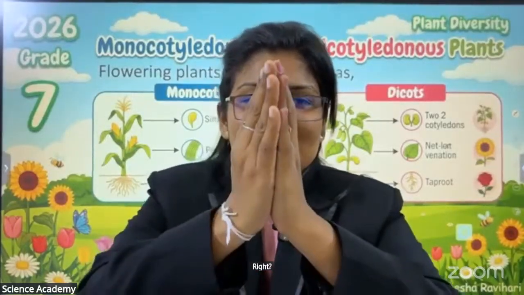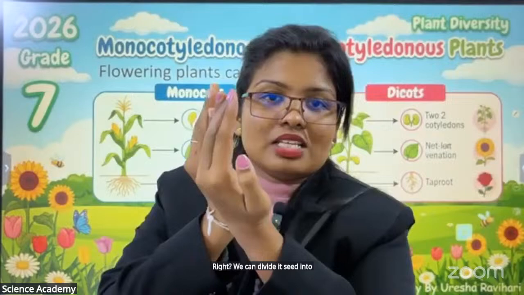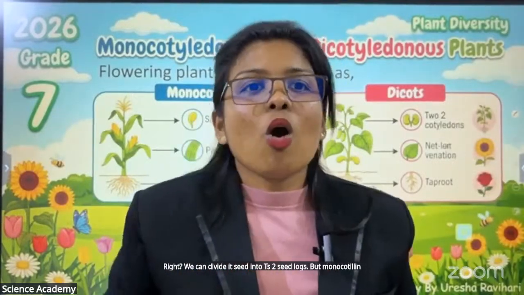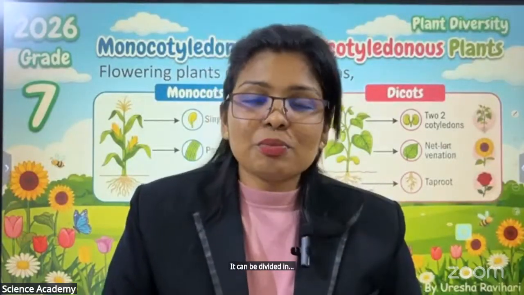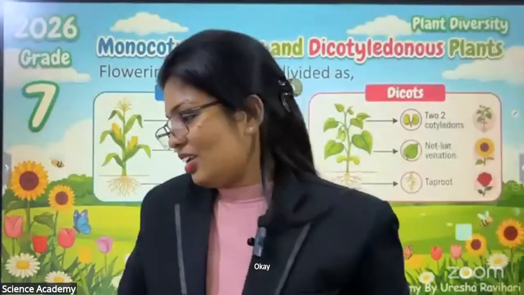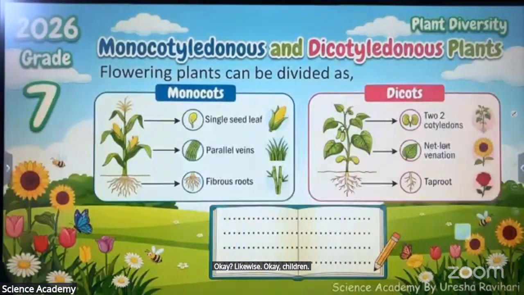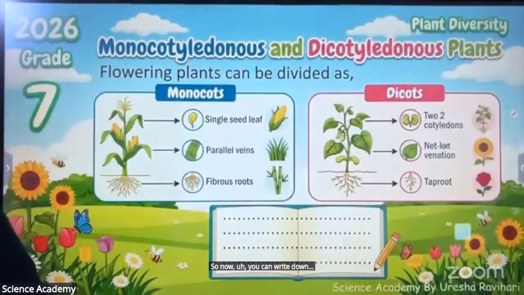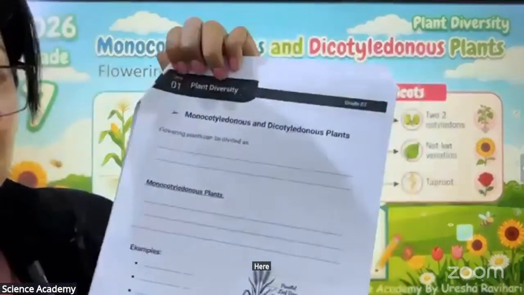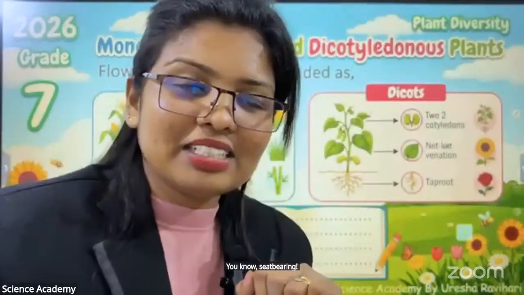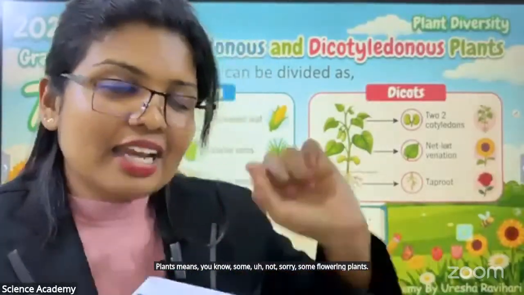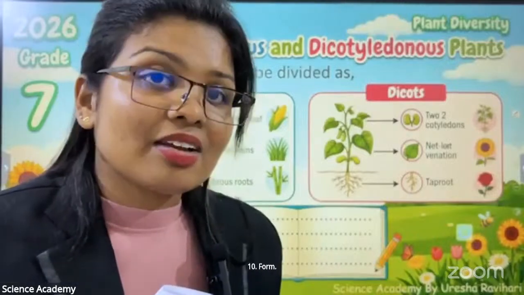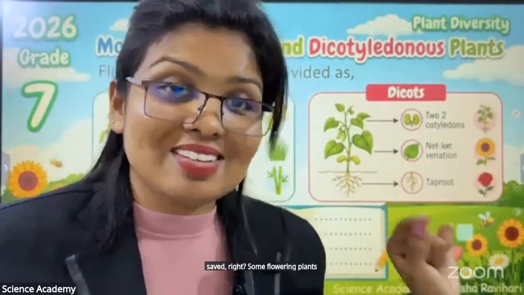We can divide the seed into two seed lobes. But in monocotyledons, only one cotyledon is there. It cannot be divided into two. Okay, children. So now you can write down here, in flowering plants. Seed bearing plants means some flowering plants can form seeds, right?